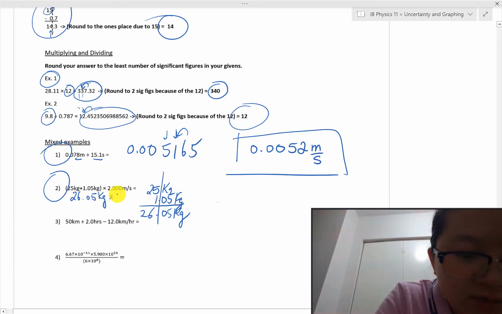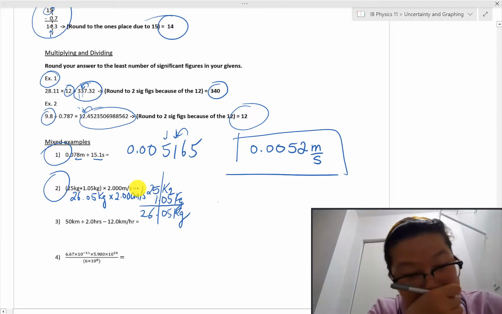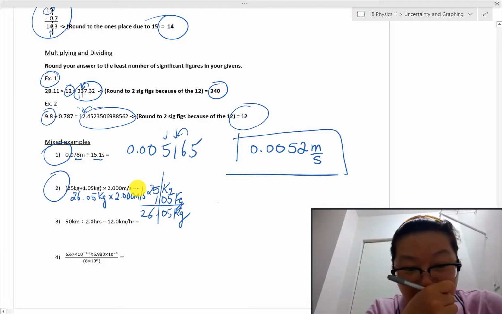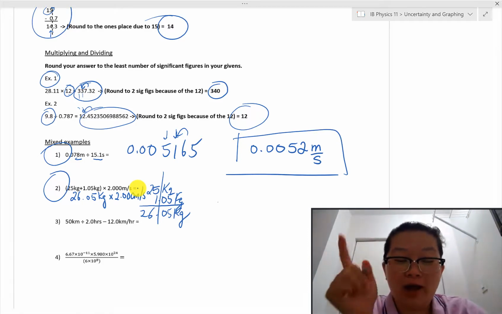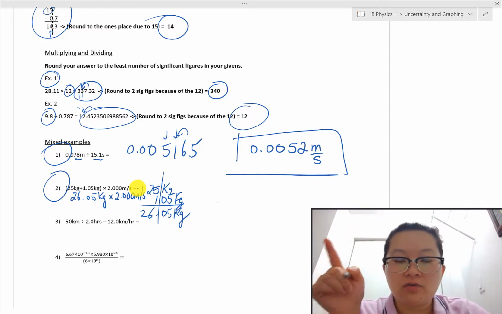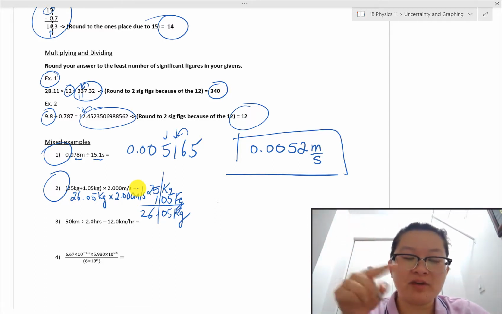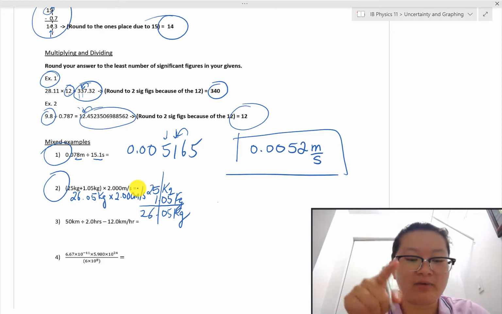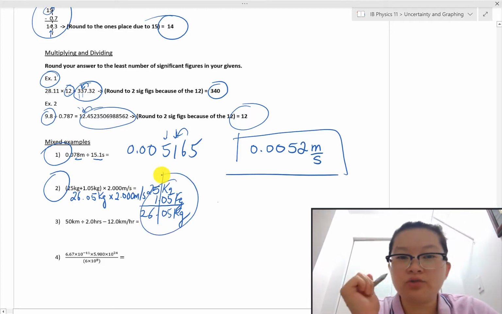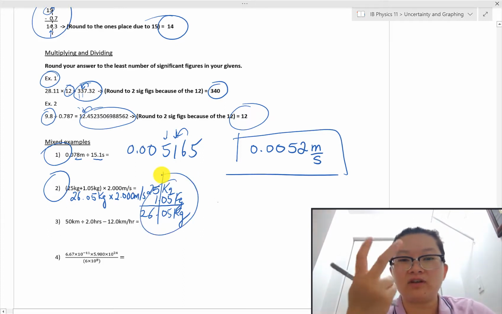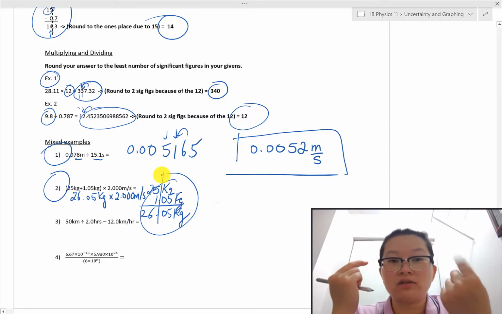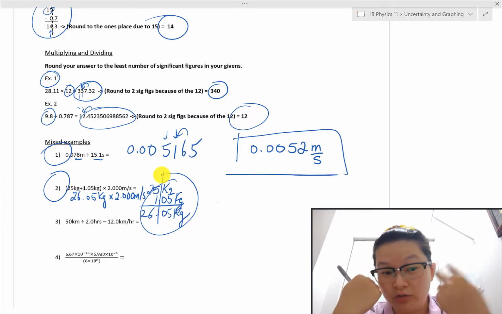kilograms. The reason why I'm doing that is whenever you're doing any problem, you don't round your numbers for significant figure purposes until the very last step. The reason why I was doing this, I wanted to check how many significant figures I need to account for in my 26.05.